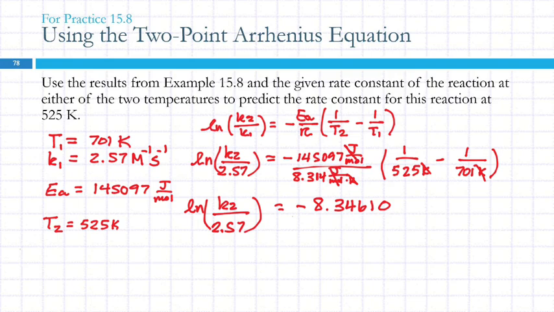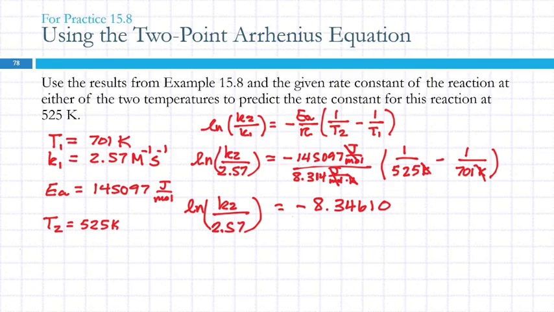So most people aren't going to have too much trouble getting to that point, right? I don't think there's any point in plugging this whole thing into your solver. That's a lot of stuff, right? We can solve this and write it down. Now some of you might want to use the solver. So you go ahead and use the solver. I think you got the hang of it by now.